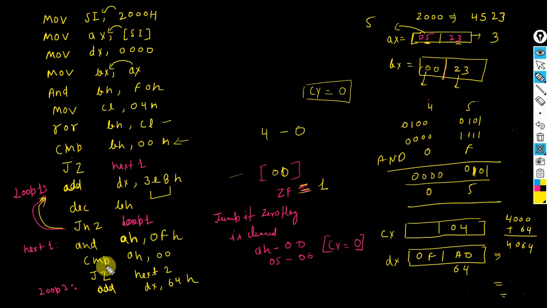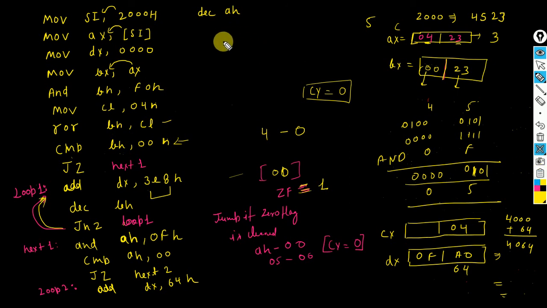Again move to the next instruction, DEC AH. When we execute DEC AH, our AH register value is decreased by 1, so it's 4. Move to the next instruction.